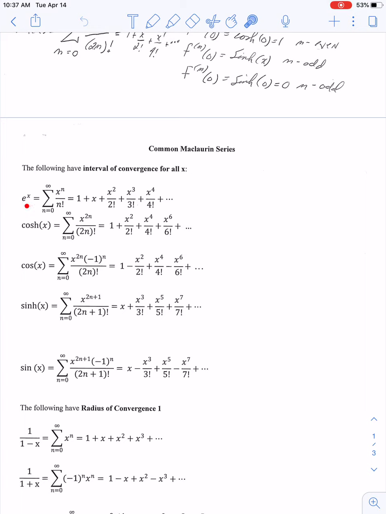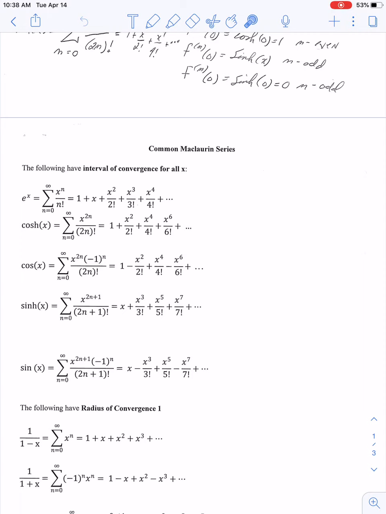All right, so e to the x, that was this. Cosh x, we found to be this. Sinh x, we found to be this. Now, when you start looking at cosine and sine, what happens is this. You get an alternating sign signature, right? Why? Well, because for the hyperbolics, of course, the derivative of sinh is cosh and the derivative of cosh is sinh. But for the trig functions, the derivative of sine is cosine, and the derivative of cosine is what?